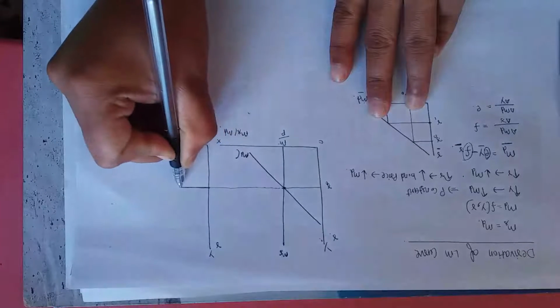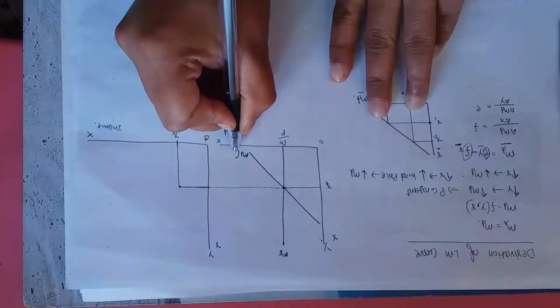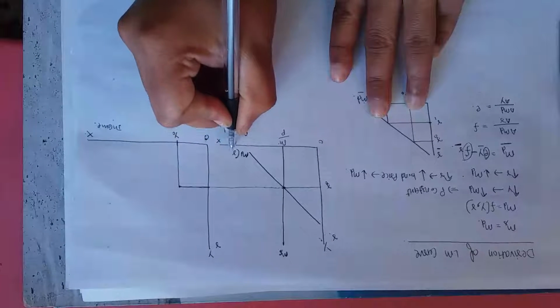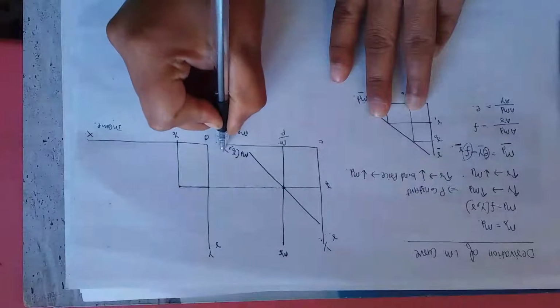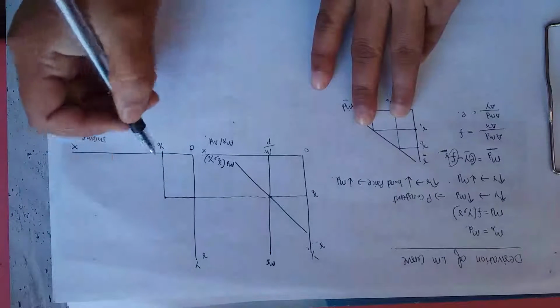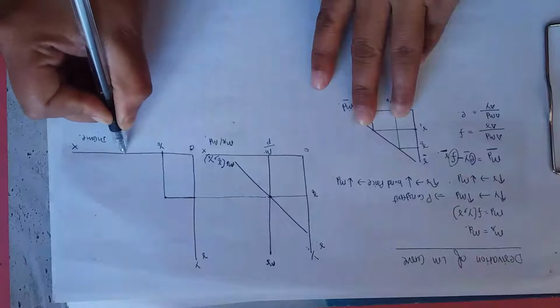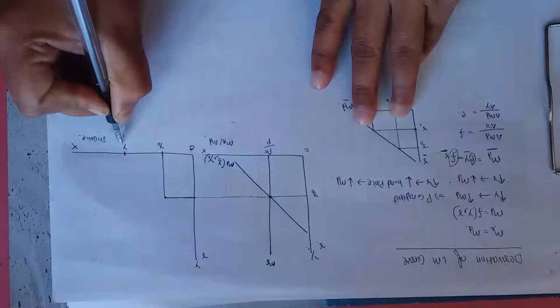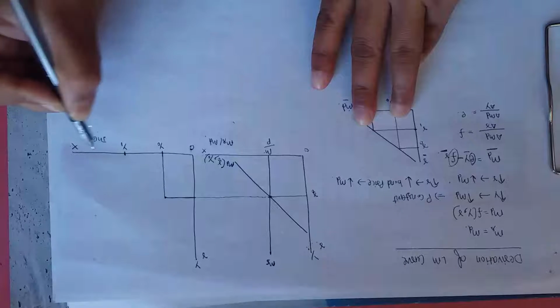This is money demand, and at this point the rate of interest is R0 and the level of income is Y0. Suppose the income level increases from Y0 to Y1.